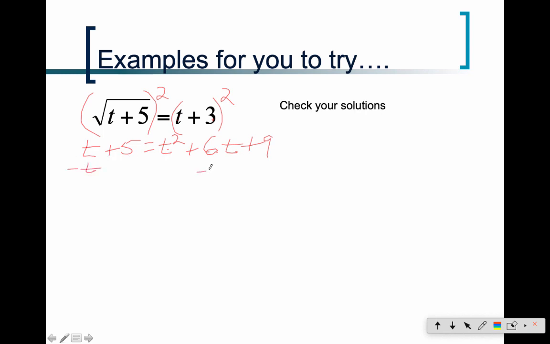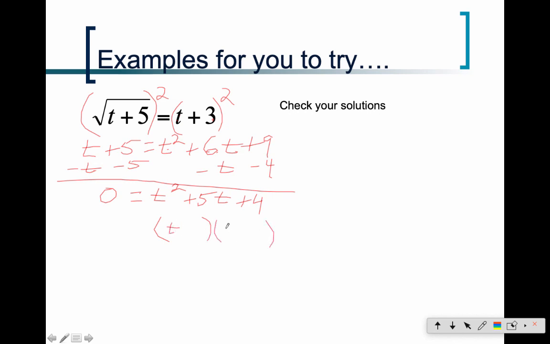I move these things over, subtracting, and I get 0 equals t squared plus 5t plus 4, and lo and behold, that is factorable.